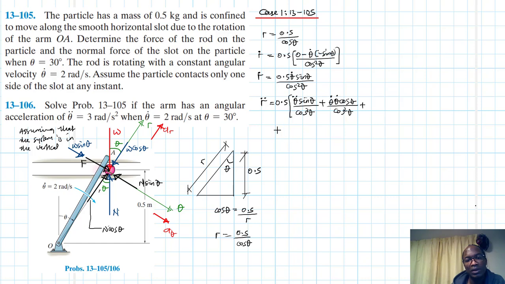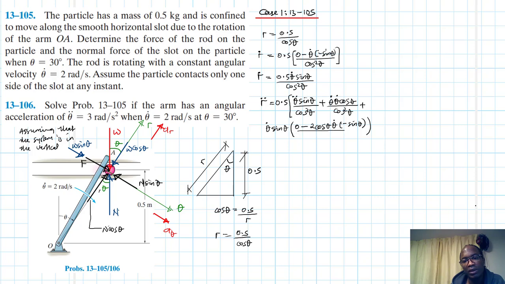Then plus, I make this constant, and I'll have 0 minus 2 cos theta theta dot squared sine theta, minus sine theta.